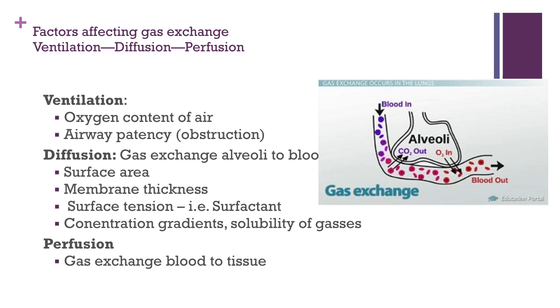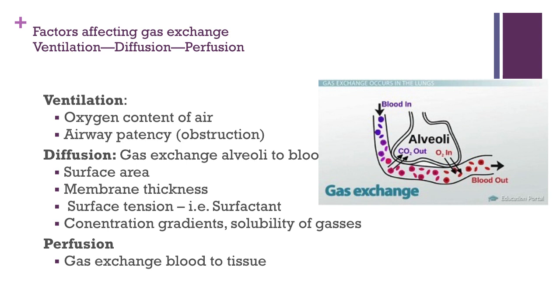So having sufficient surfactant is very important, but it's also important not to have too much, or too sticky or gunky of a surfactant. If we have a real sticky sort of mucus down in there, once again, those alveoli are going to have a tendency to collapse and to stick to themselves, and then there's going to be less surface area available.